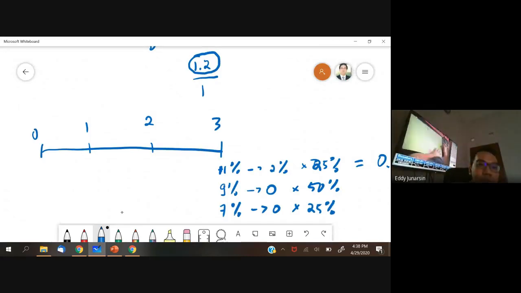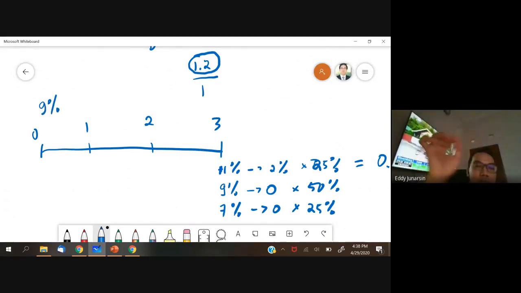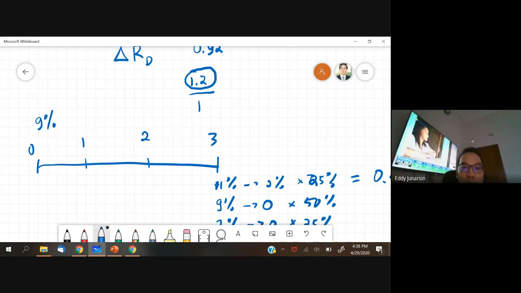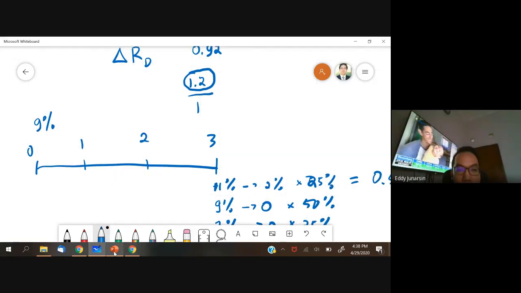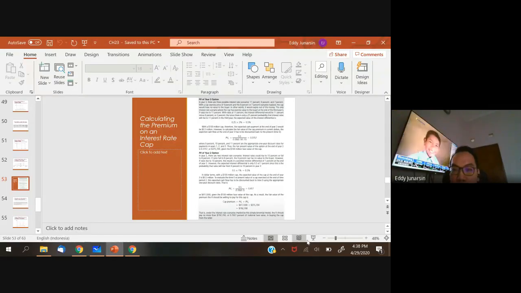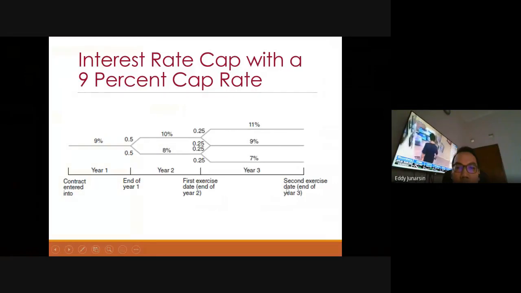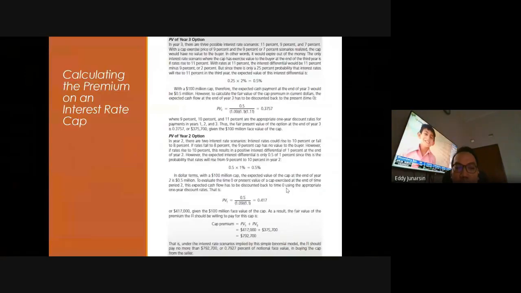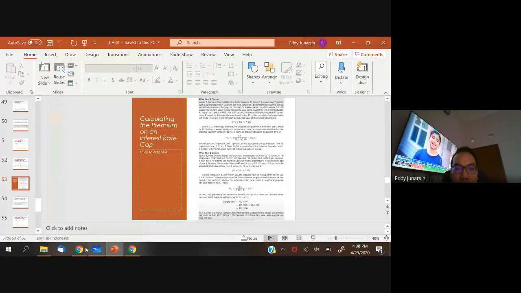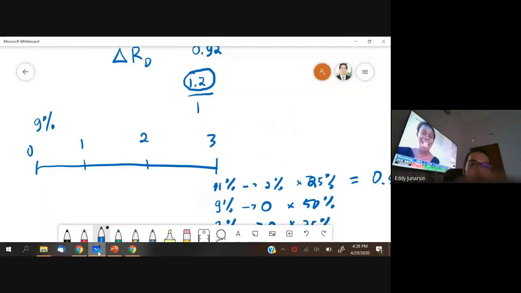So the market value is 9%, right? 9%. And then the second one would be, what is it again? Okay, 10%. And the third one is 11%, right?